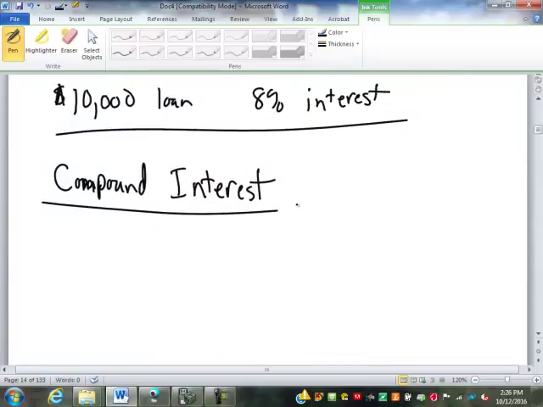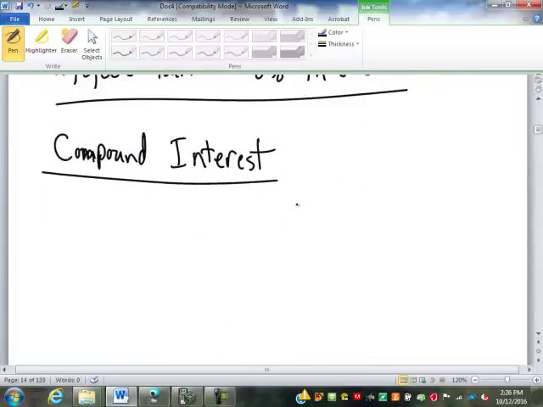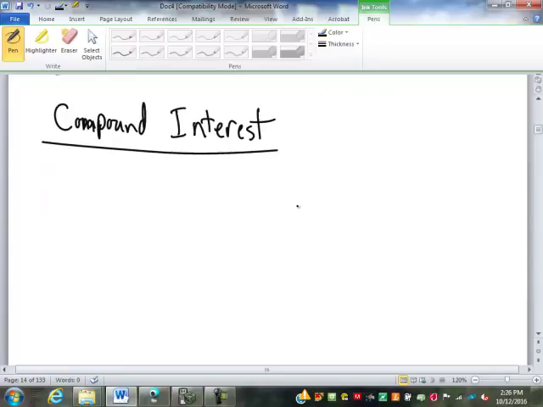The example I just did in the spreadsheet was still simple interest. They figured out the interest every time a payment was made. And when you didn't make a payment for 5 months, they didn't figure out the interest for 5 months. Well, compound interest, that interest is figured out at regular time periods, whether you make a payment or not.